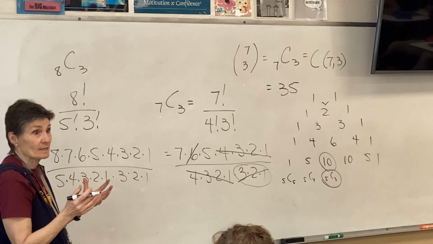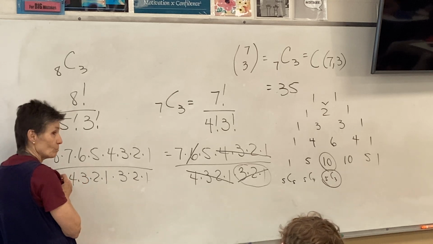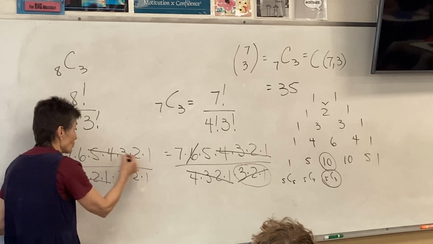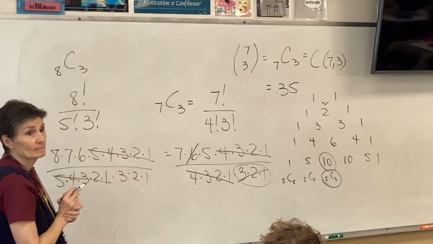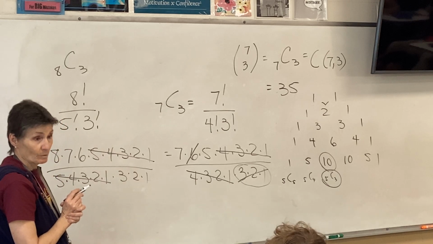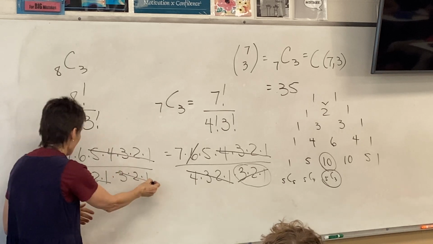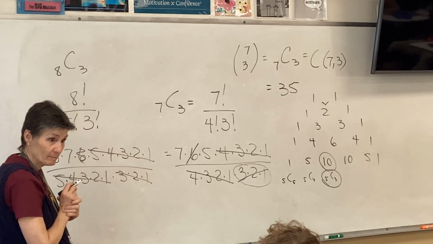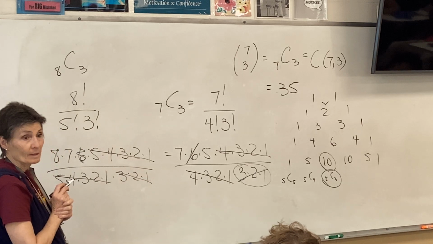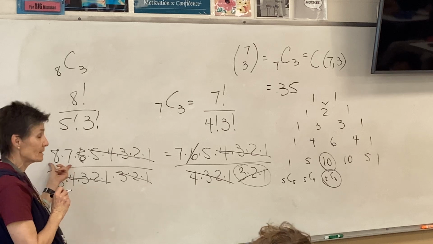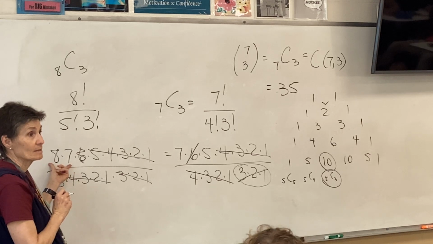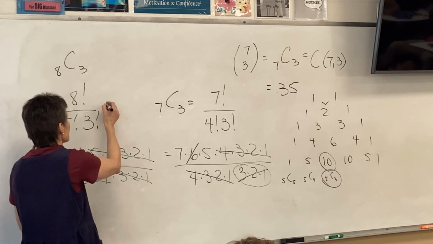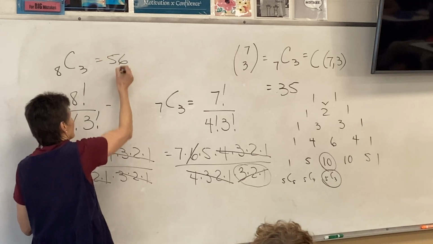Now I start canceling. So 5, 4, 3, 2, 1 is gonna cancel all of that. Right? And 3, 2, 1 is 6, so that's gone. And all I have left is 56. So the answer is 56.